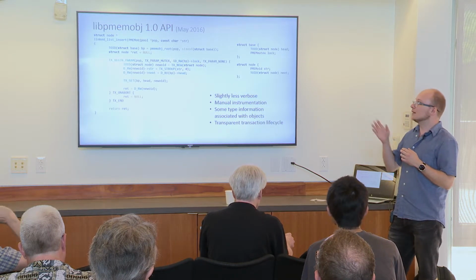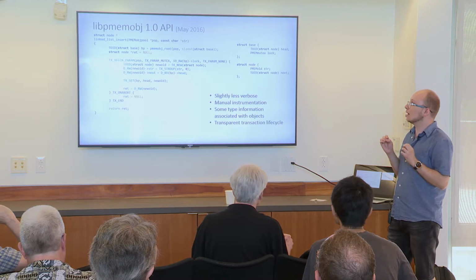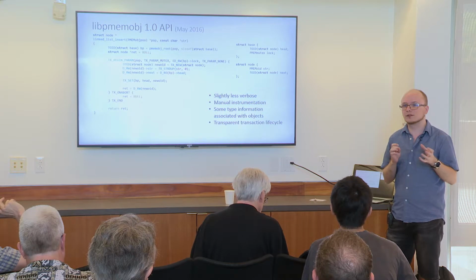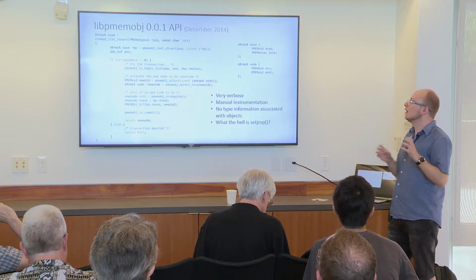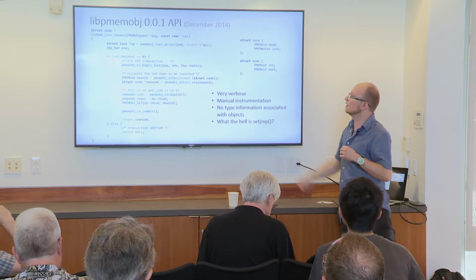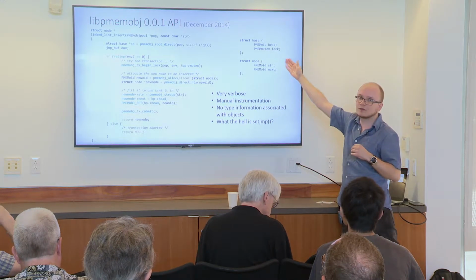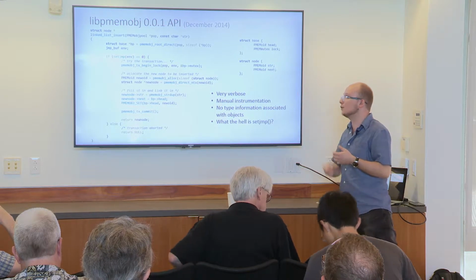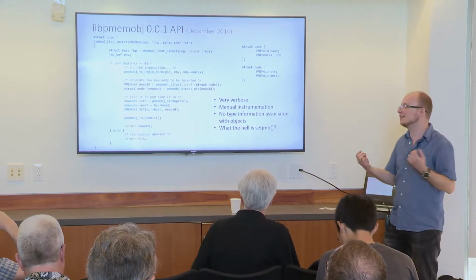This API also required the use of macros for types, because in the previous example, you might have noticed that the nodes no longer had any type associated with them. Each node was effectively a void pointer, which is not convenient to use.